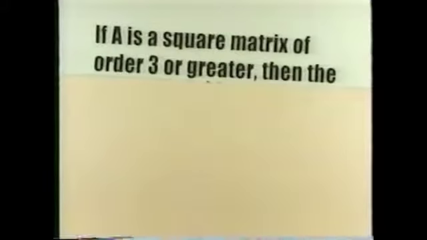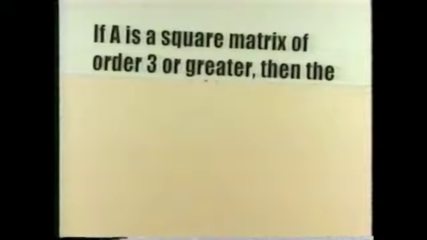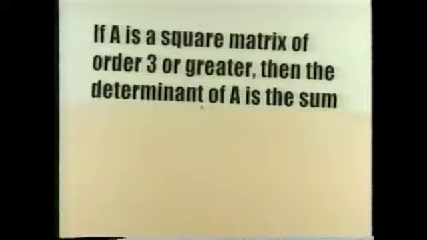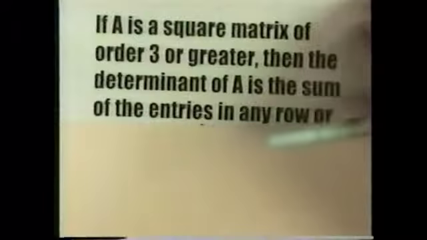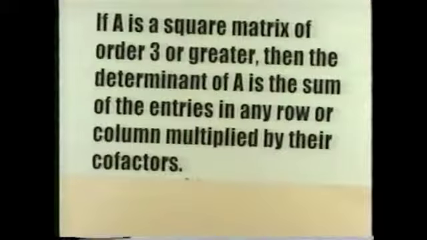We're going to use minors and cofactors to evaluate the determinants of square matrices. If A is a square matrix of order 3 or greater, then the determinant of A is the sum of the entries in any row or column multiplied by their cofactors.